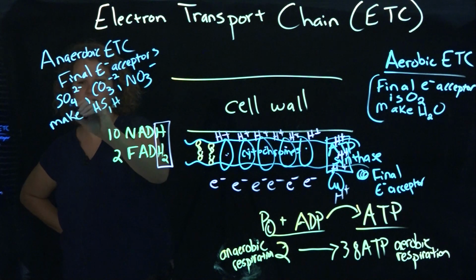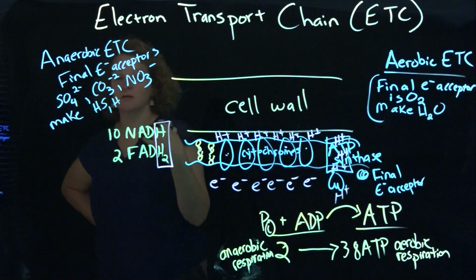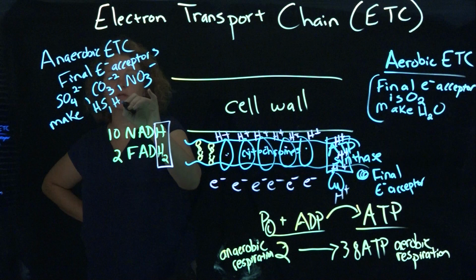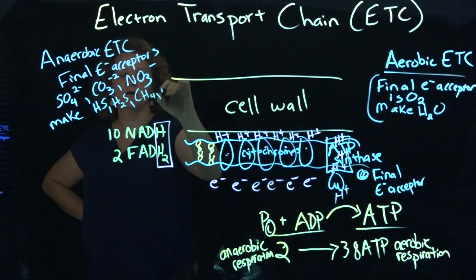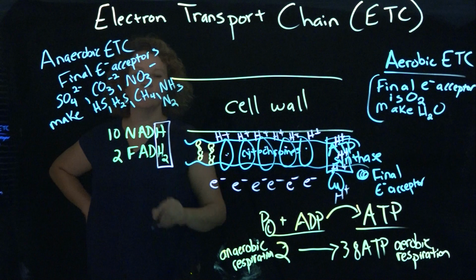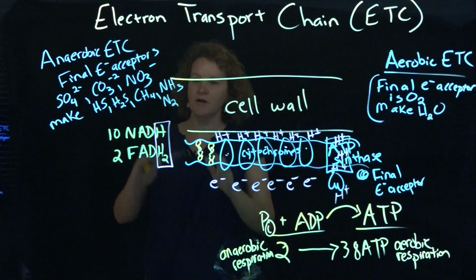So you see I'm adding the hydrogens on here, because I'm doing a reduction reaction. H2S, methane, ammonia, even. We'll see it totally reduced. So you'll have a very different set of products.